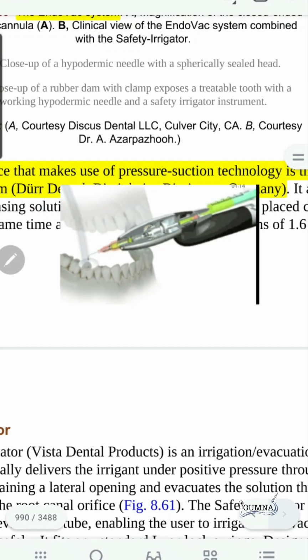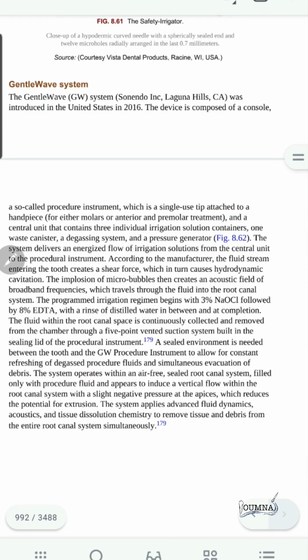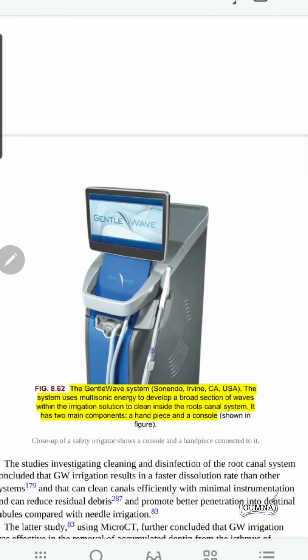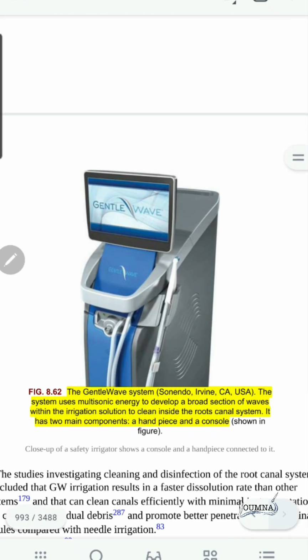Another device with the same idea has the syringe directly connected to the activation engine. The GentleWave system is made in the US.